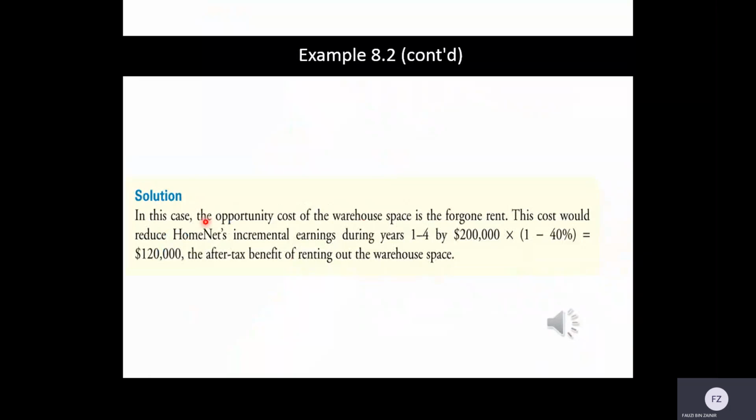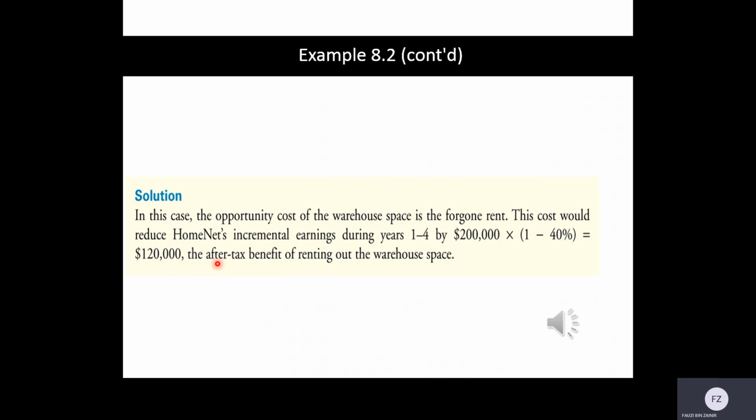In this case, the opportunity cost of the warehouse space is the foregone rent. This cost would reduce HomeNet's incremental earnings during year 1 to year 4 by 200,000 times (1 minus 40%), which is 120,000, the after-tax benefit of renting out the warehouse space.